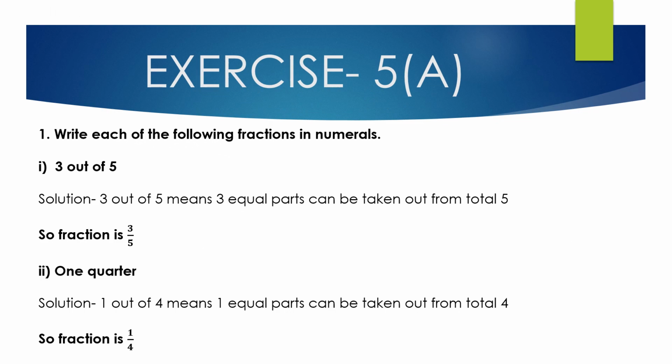Now we will solve the first question. The first question is: write each of the following fractions in numerals. The first one is 3 out of 5. We have to find the fraction for this numeral. 3 out of 5 means 3 equal parts are taken out of a total of 5.